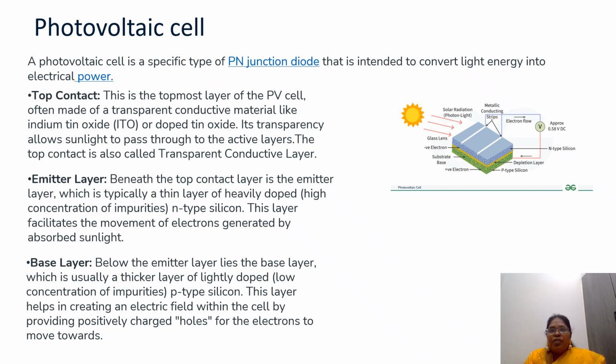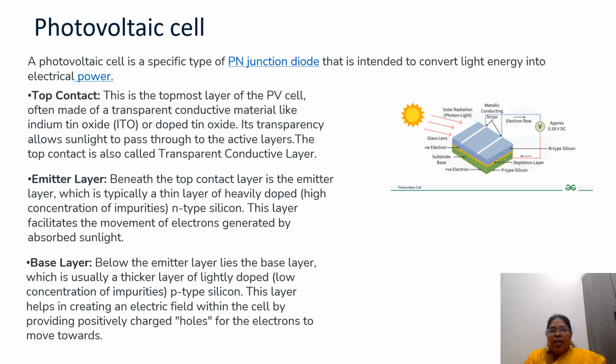The top layer of this PV cell is always a transparent conductive material, such as indium tin oxide or doped tin oxide. Both can be used for this PV cell. Whenever sunlight falls on the transparent material, it easily passes to the next layer. That is why we use this transparent conducting layer.